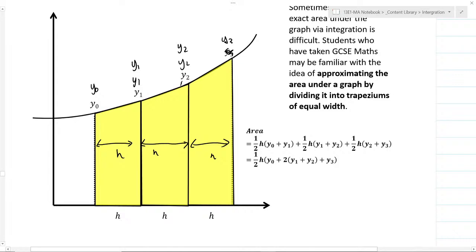Notice how you've only got one y0, one y3, but then you're going to have 2 of everything else, aren't you? Because you're working out these trapeziums like so. So this is where it comes from. You end up with 1 y0, 1 of the last term, in this case y3, and 2 of all of those middle ones. Does that make sense? You can see where that's come from, yeah?